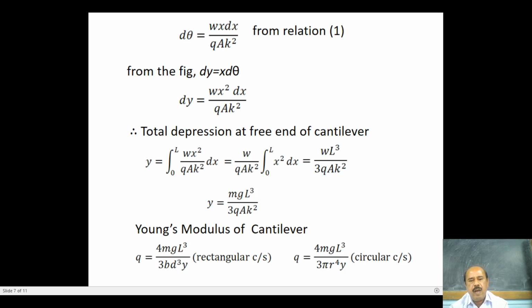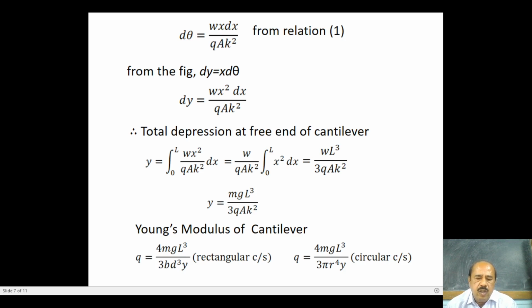After integrating between the limits 0 to L, you get the expression for y as W L cube divided by 3 Y A k square. Since W is nothing but mg, y becomes m g L cube divided by 3 Y A k square. This is the equation which represents the depression produced by a cantilever.